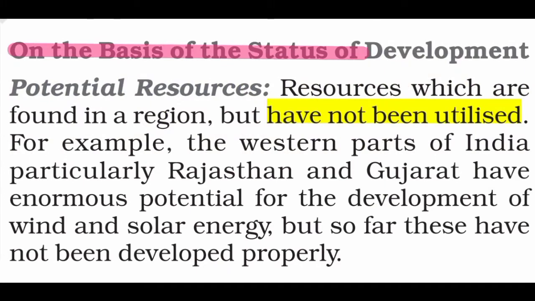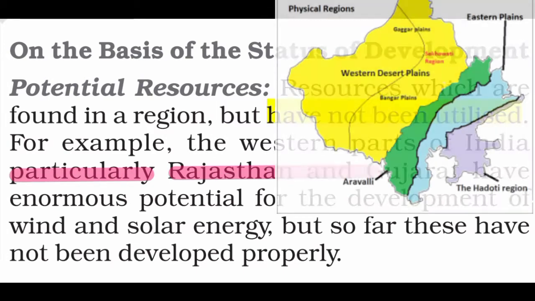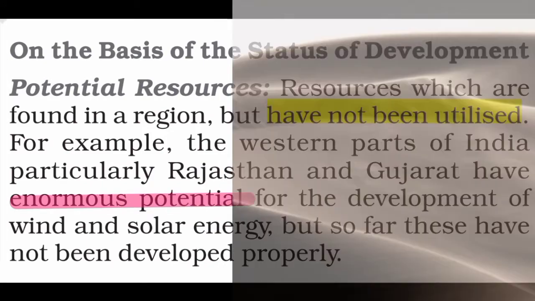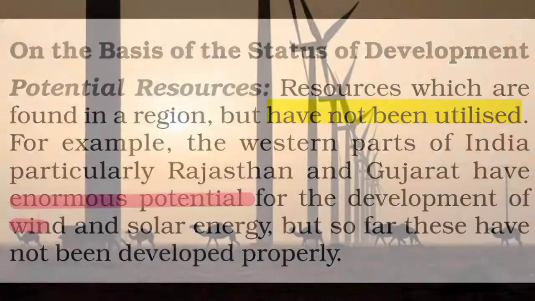On the basis of the status of development. Potential resources. Resources which are found in a region but have not been utilized. For example, the western parts of India, particularly Rajasthan and Gujarat, have enormous potential for the development of wind and solar energy.